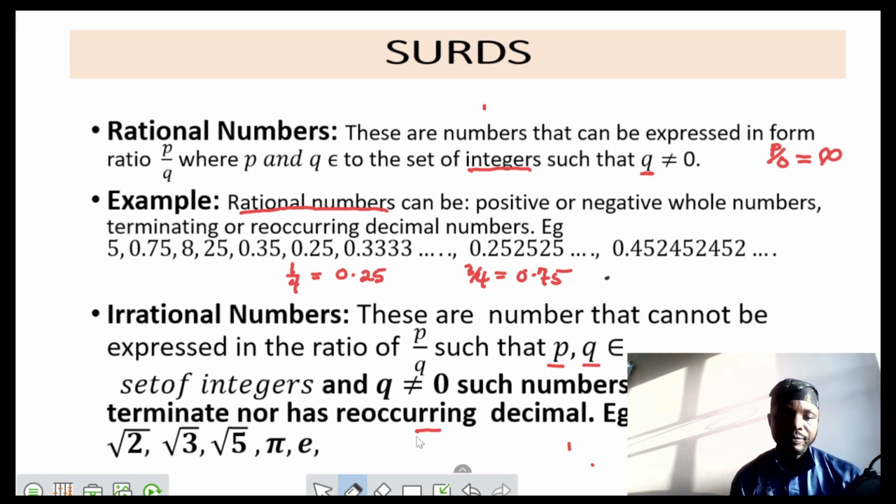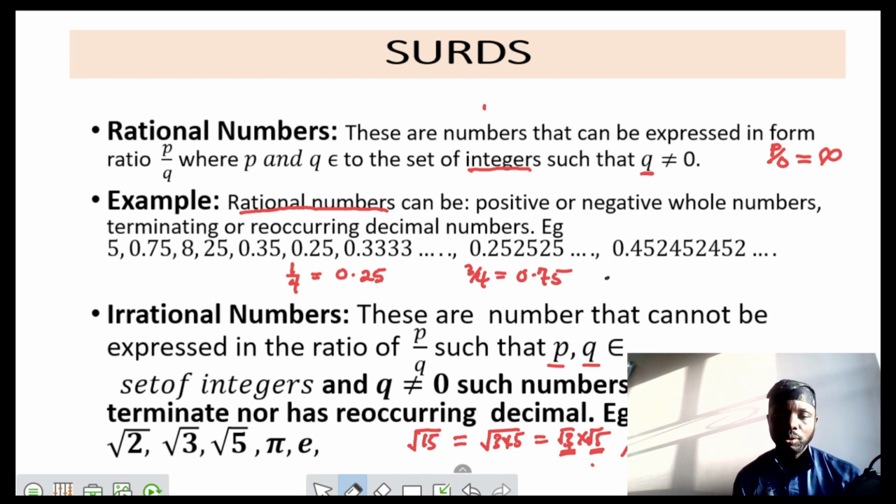Even if I have another root, let's say root 15. Root 15 is not a prime number, but it can be broken into two prime numbers, 3 times 5. You see, root 3 times root 5. You see how it's broken into two prime numbers, and those, when you express them, are irrational in behavior.